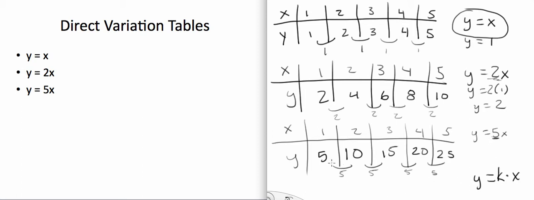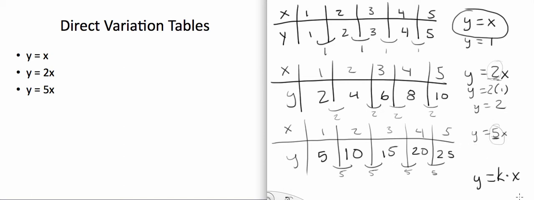That k value is what our values go up by each time. So each time x gets bigger by 1, our y values get bigger by the corresponding k value. It goes up by 1 in the first table, by 2 in the second table because of this value of 2, and by 5 in the third table because of the k value of 5.